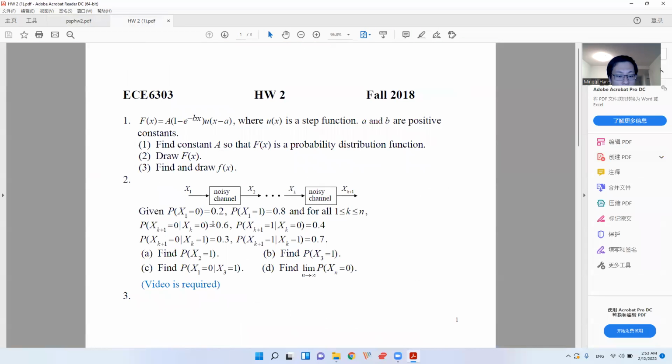And for part C, what I'm trying to find is that given that the third input, the second output, is equal to 1, what's the initial input? Oh, sorry, the probability that the initial input is equal to 0.